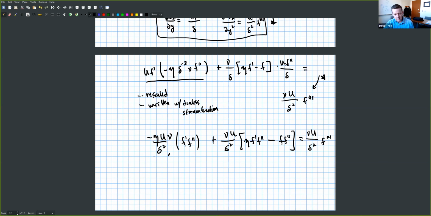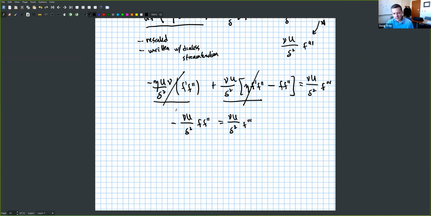Okay, so look at this. This term right here and that term right there are the same but opposite sides. I've got eta u nu over delta squared, eta nu u over delta squared, f prime, f double prime. So those 2 guys cancel. Okay, so now I have nu u over delta squared multiplied by a minus sign up front, f double prime is equal to nu u over delta squared f triple prime.